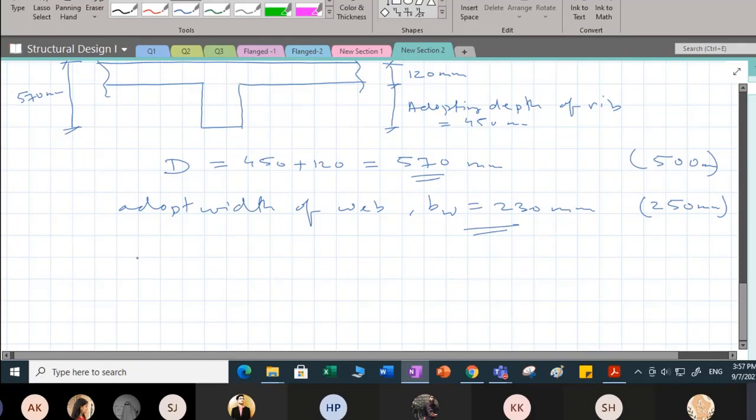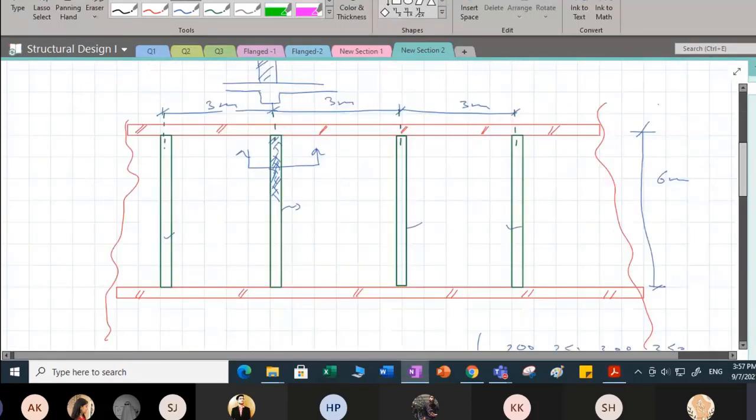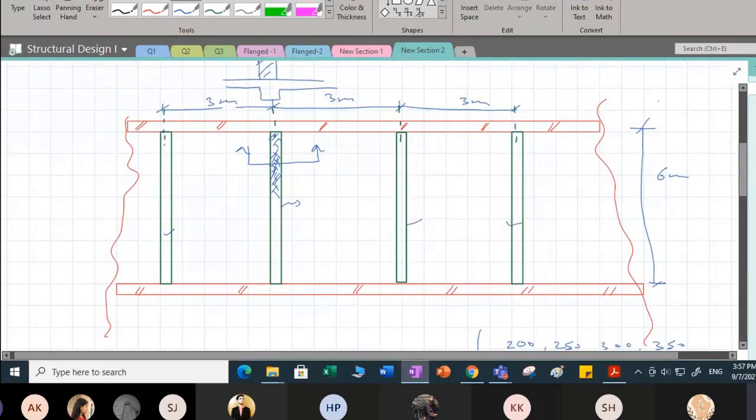Now next, my step number 2 is going to be my load calculation. Whatever is the load which is going to be there in this slab is going to get transferred to this beam. So how can you actually compute the load? If I see this area, half of the load from this area is going to transfer its load to this beam, considering one-way load distribution.